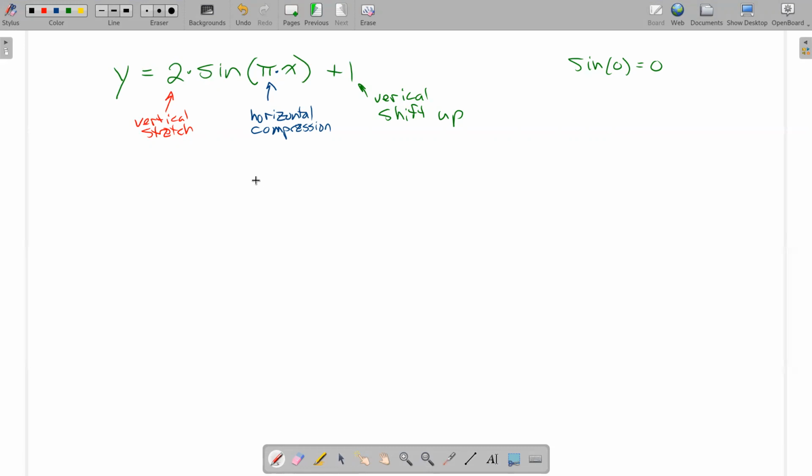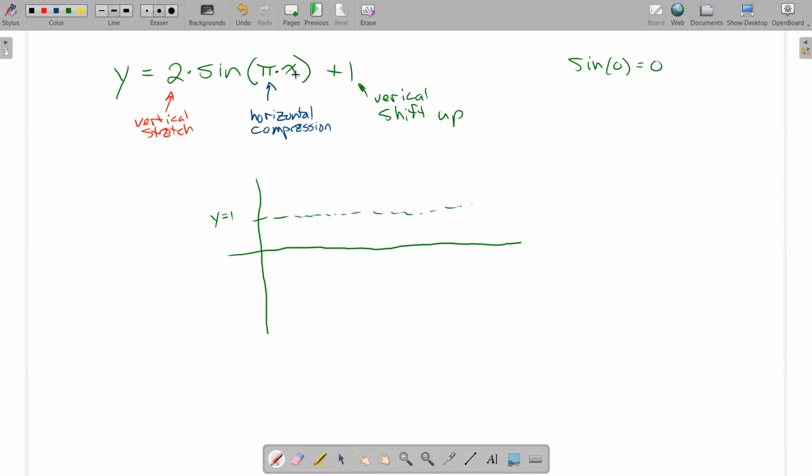So I'm just trying to wrap my mind around what this looks like before I whip it into my calculator. So instead of starting here at the origin, it's going to start up higher. So its center line, instead of y equals 0, is going to be y equals 1. I'm just going to draw a dotted line there.